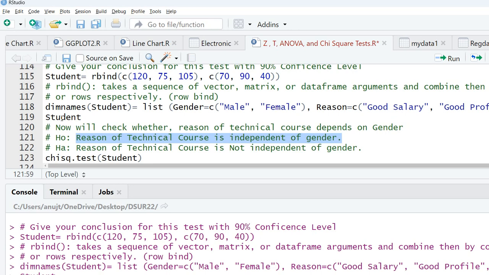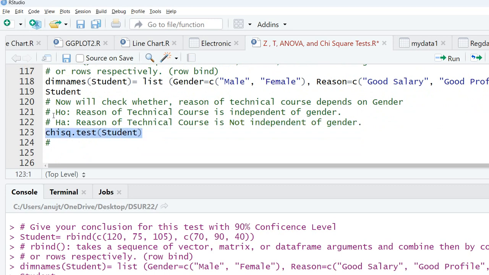And the alternative is that the reason for a technical course is not independent of gender. Let's understand the null and alternative hypotheses carefully. The first one is that the reason is independent, not dependent on gender, and the alternative is that it is dependent on gender. So let's check.